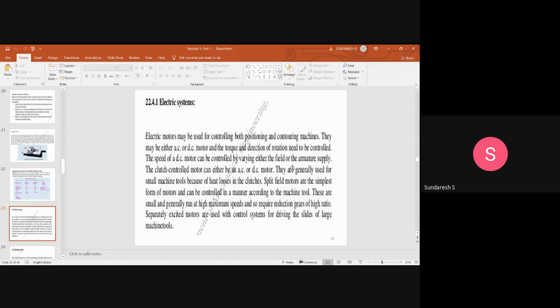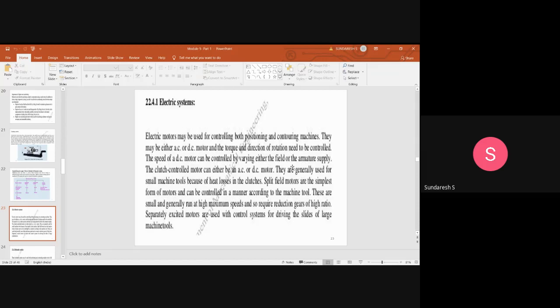Either AC or DC, they are generally used for small machine tools because of the heat losses in the clutches. So the clutch control motors are specifically meant for small machines because they involve heat loss.